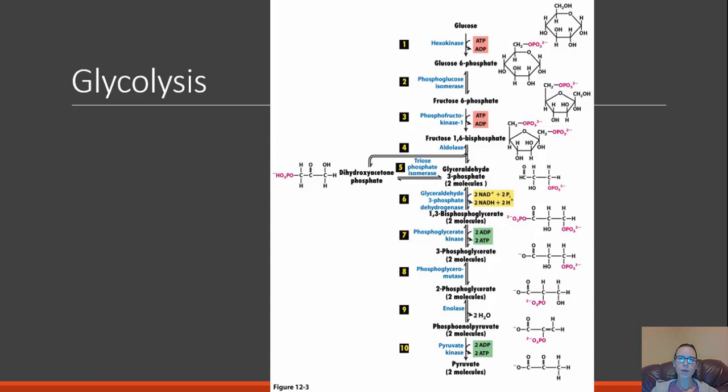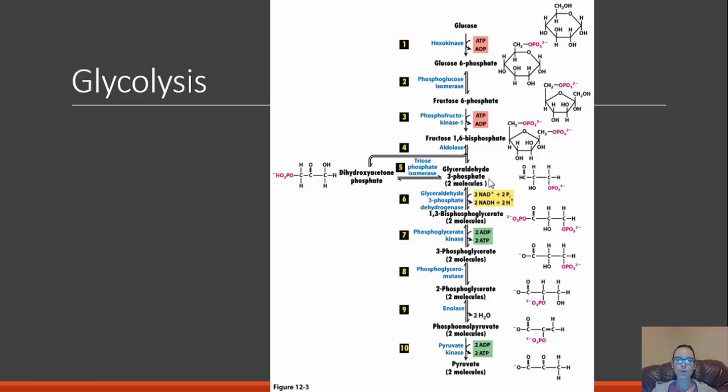One thing I do want you to note is that here we have the breakdown of glucose until step number 4 or 5 here, when fructose 1,6-bisphosphate breaks into 2 different molecules that can be converted back and forth until they reach equilibrium. And just this G3P, the glyceraldehyde 3-phosphate, we end up with 2 of that, because even though we're converting it to the dihydroxyacetone phosphate, that can be converted to the G3P here.